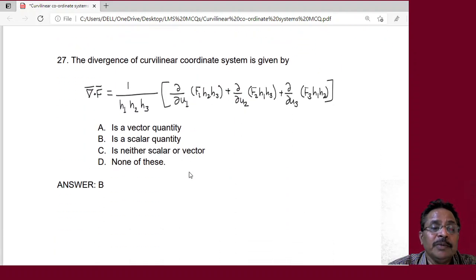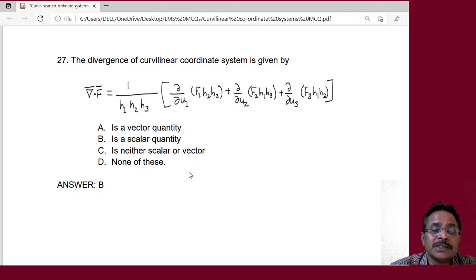Now the next problem is related to the divergence in the curvilinear coordinate system, which is given by this formula: del bar dot f bar is equal to 1 upon h1 h2 h3, the product of all 3 scale factors. Then in the bracket, ∂/∂u1 of f1, the first component of the vector point function, into the scale factors h2 and h3.